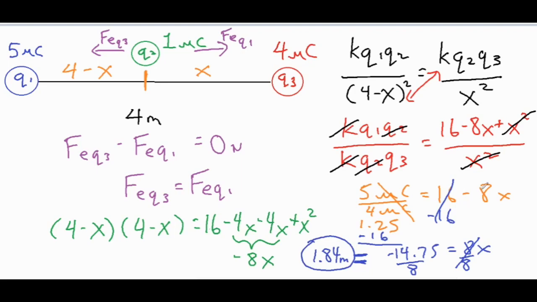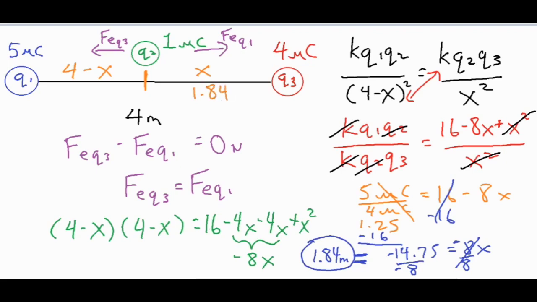Oh, excuse me, here there's a negative over here. So this is negative 8, negative 8. So then negative 14.75 divided by negative 8 equals 1.84 for our x value. So that answers our question of our separation distance. So our x is 1.84.